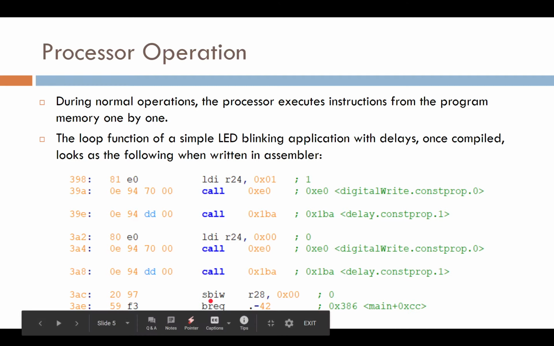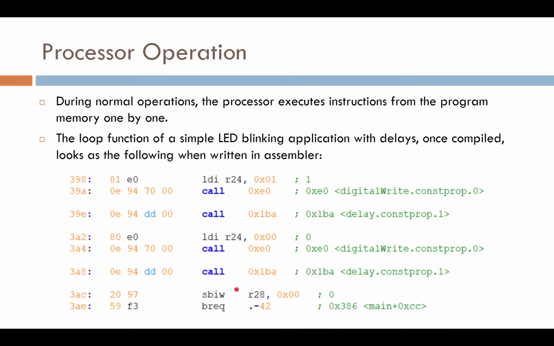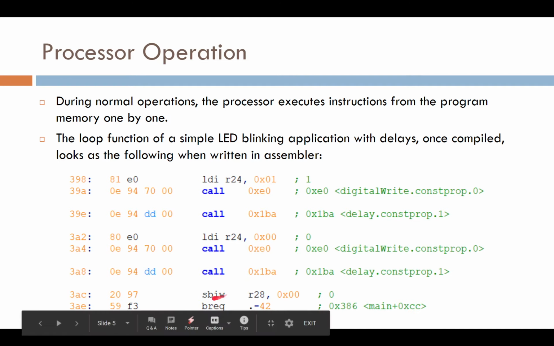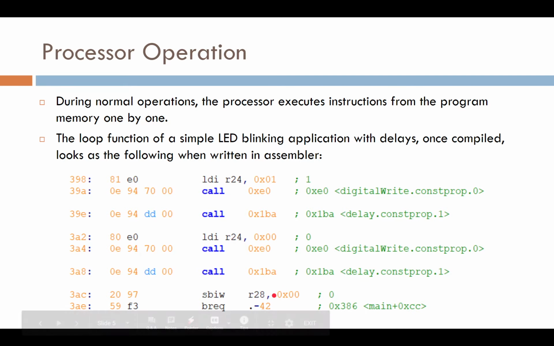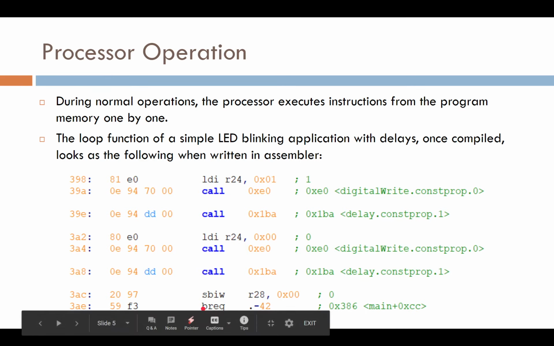There is then some, okay, I should have the assembly language reference here, but anyways, that must be the previous command here. It compares register 28 value with 0 and branch if equal.